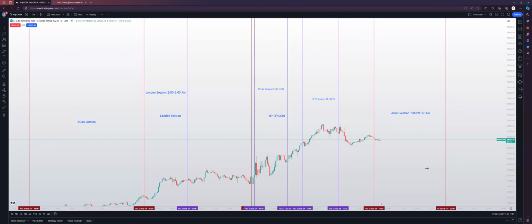So if you work a full-time day job, from 9 to 5, you want to ideally look to trade Asian session or London session. Now, Asian session does have the lowest volume out of the other two. Does that mean you can't take it? Does that mean you shouldn't take a trade during Asian session?